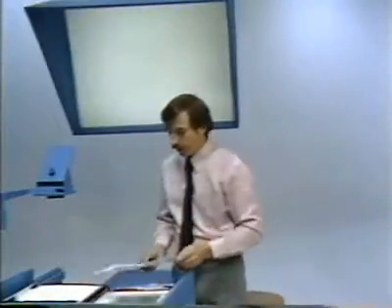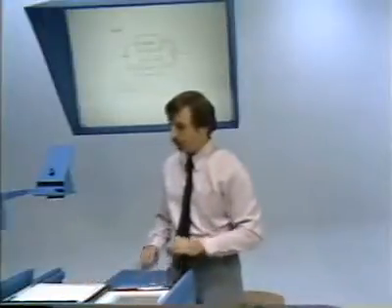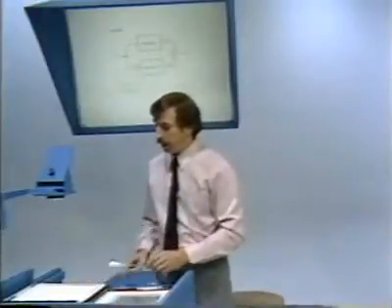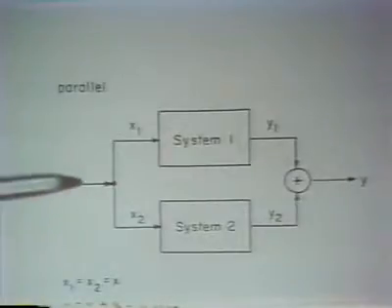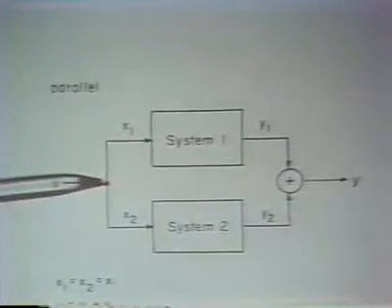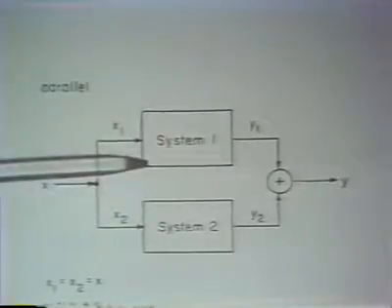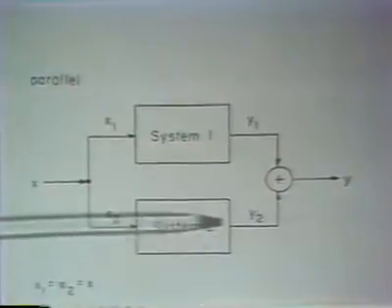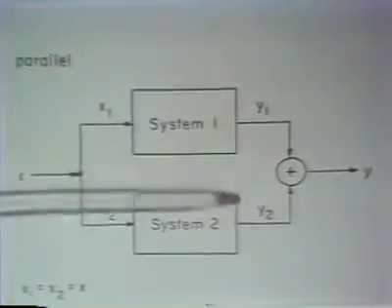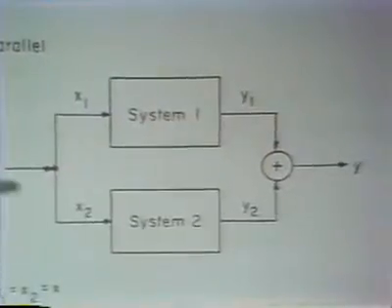Let's look at another interconnection, which is a parallel interconnection of systems. And here, what's meant by the interconnection is that the input is fed simultaneously into System 1 and into System 2, and then the outputs of these two systems are added to give the overall system output.